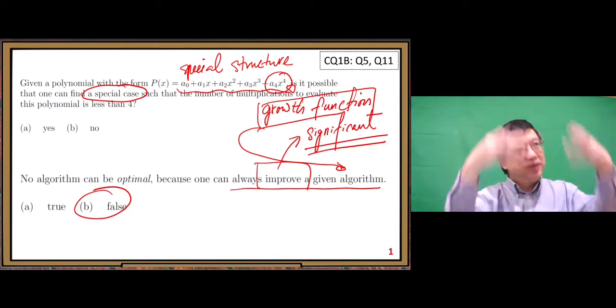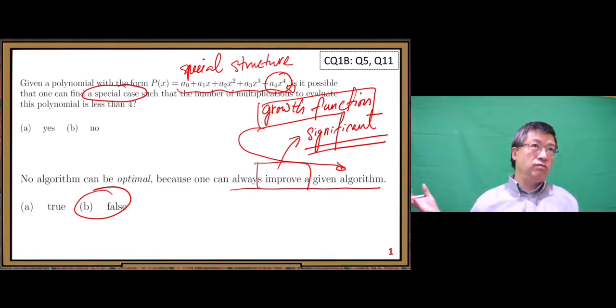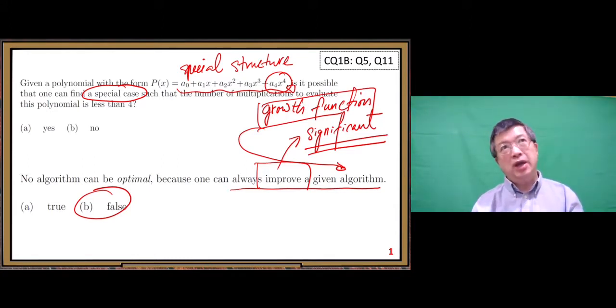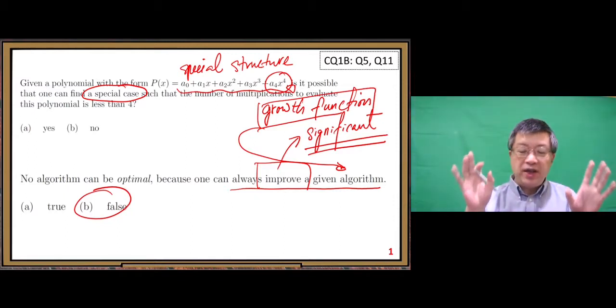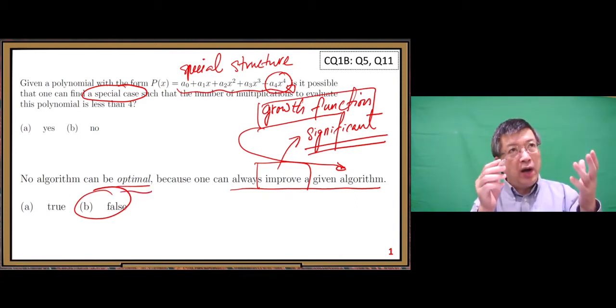Then we can say you improved the algorithm. If the order is not reduced, then we cannot say you made a significant improvement. All right, so we understand the meaning here. Then, the claim that no algorithm can be optimal is wrong. Why?